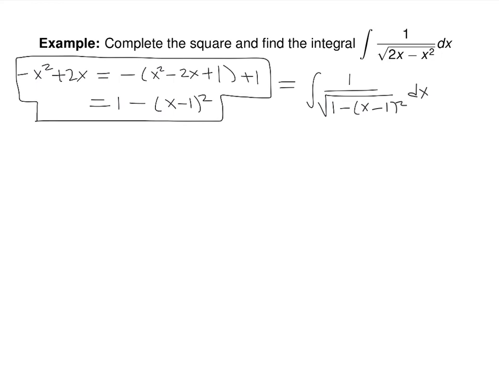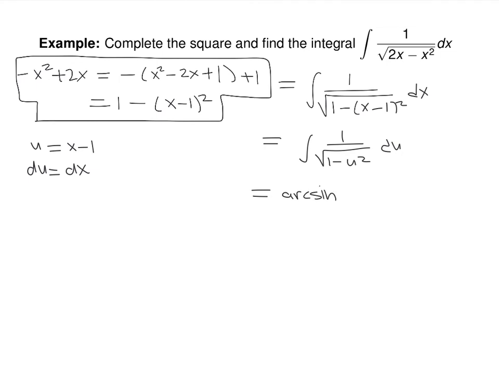If you make a u substitution and let u equal x minus 1, notice that du is just dx, and this integral becomes the integral of 1 over the root 1 minus u squared du, which you know is just arc sine, or inverse sine, same thing, inverse sine of u plus c, or arc sine of x minus 1 plus c.